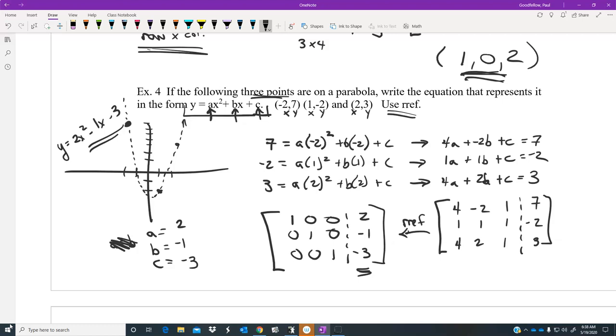Now, here's a quick question. What if in the row reduced echelon form you end up losing a possible value in your identity matrix? Maybe it becomes 0, 0, 0 on the bottom. If that happens, then you're basically talking about a no solution situation.